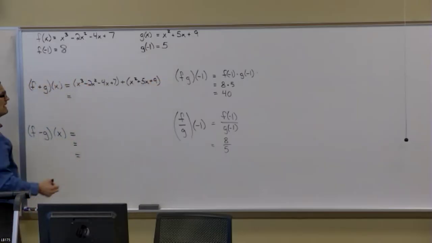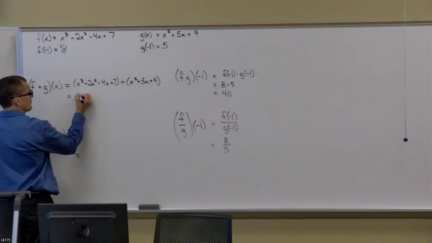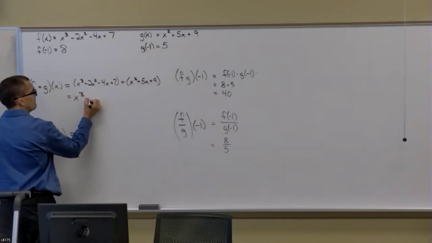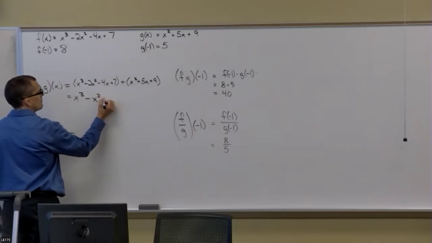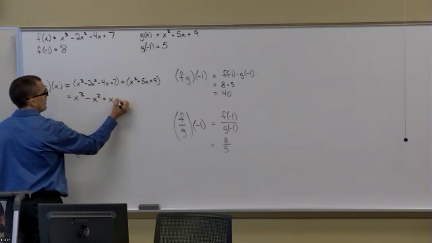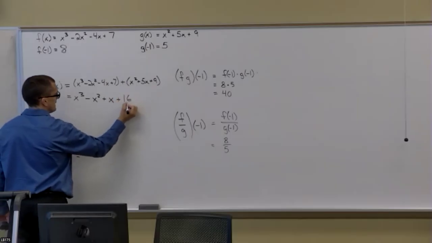And then combining like terms, you get x to the third minus x squared plus 1x plus 16.